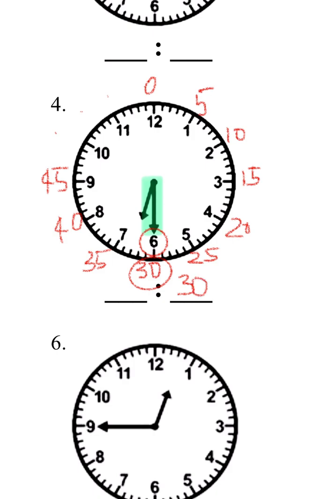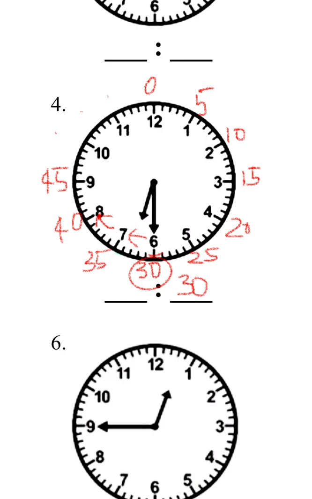The minute hand is the longer one. And we're going to find the hour. And it points over here between 6 and 7. And we have to put the 1. So if it's over here, 6 is over here and the 7 goes from here. So if it's between 6 and 7 over here, it means that it's 6.